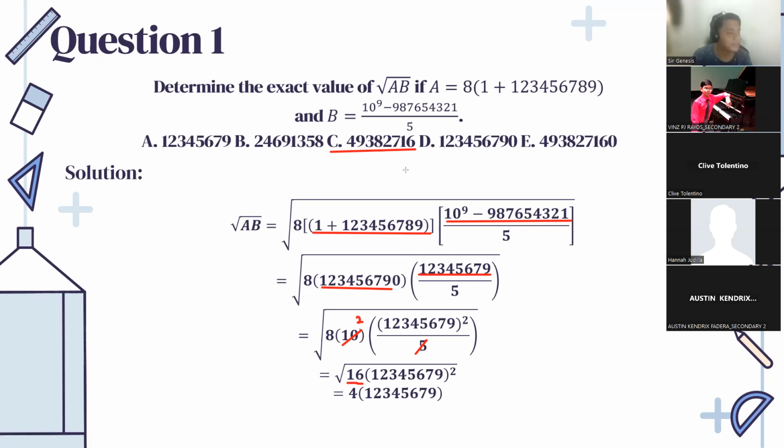The other two are way smaller, while the other two are way larger compared to C. So the answer for question 1 is letter C.